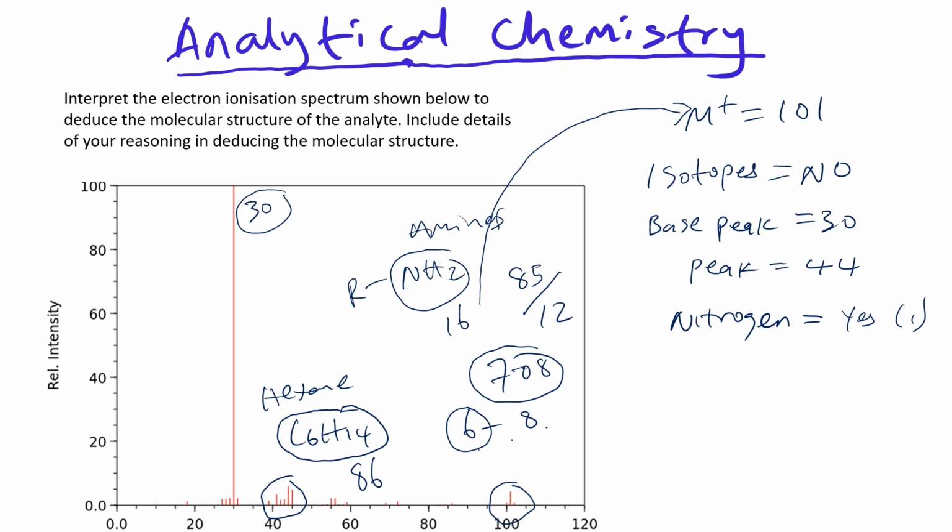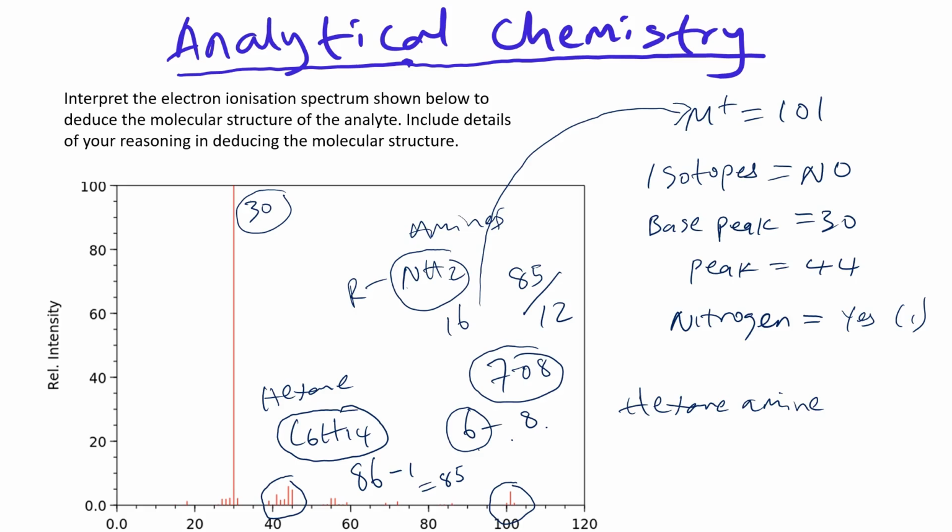So if you minus 1 from 86, that will give us 85. So basically the compound contains 6 carbon atoms, which is hexane. Then if you combine that with the functional group of amines, that will give us aminohexane or hexane amine. So that is the analyte.